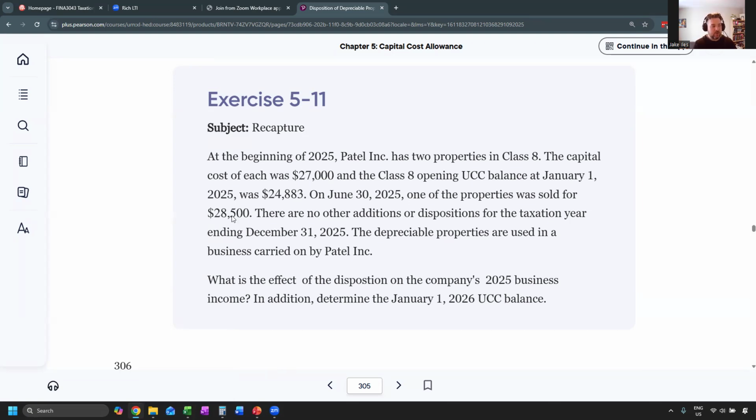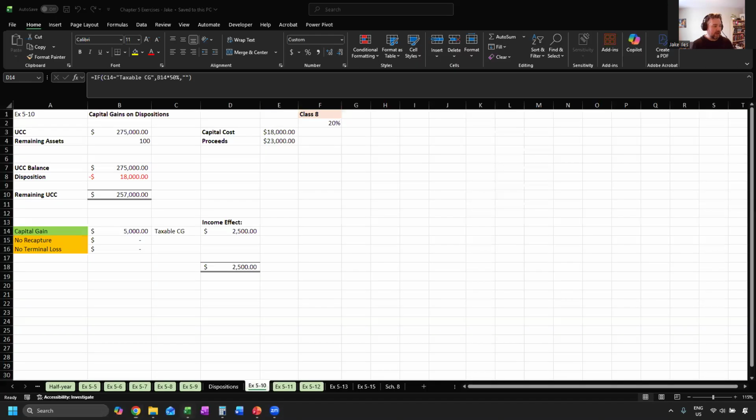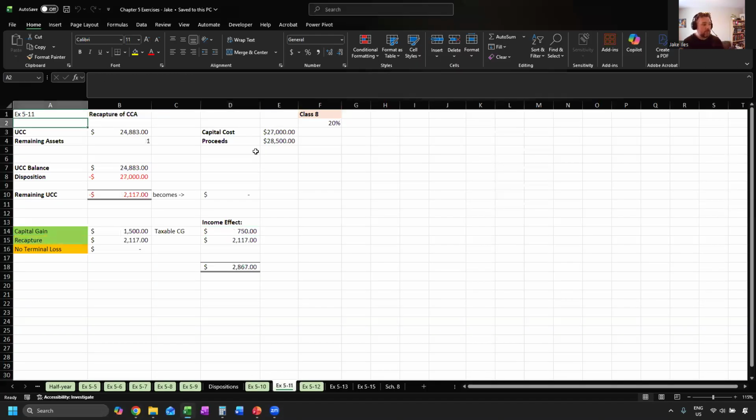We sold it for $28,500. If our proceeds are more than our cost, we know capital gains are going to be involved. The amounts less than capital cost is what we'll consider for recapture and terminal loss. So our capital cost was $27,000. That's how much we originally put in this bin. Our proceeds were $28,500.